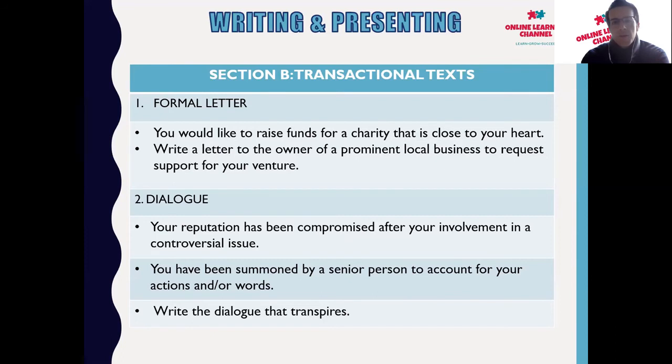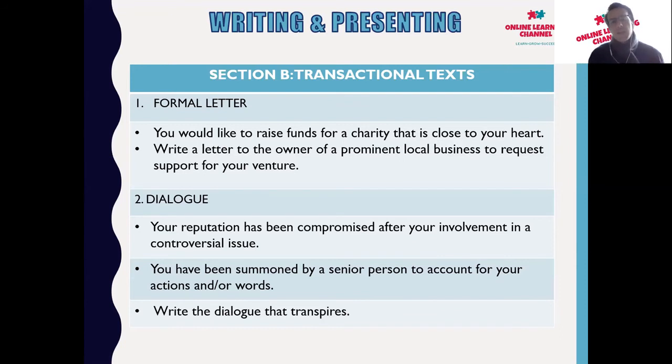Write a letter to the owner of a prominent local business to request support for your venture. Okay, so that may be one topic that you would have to do. For dialogue, your reputation has been compromised after your involvement in a controversial issue. You have been summoned by a senior person to account for your actions and your words. Write the dialogue that transpires.